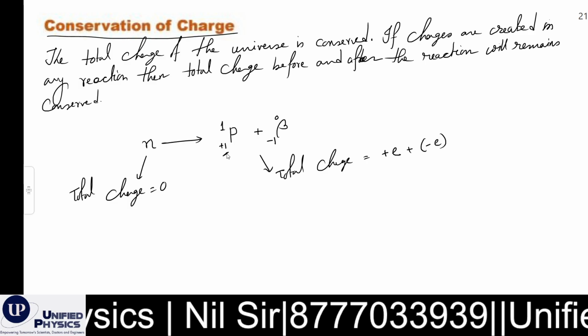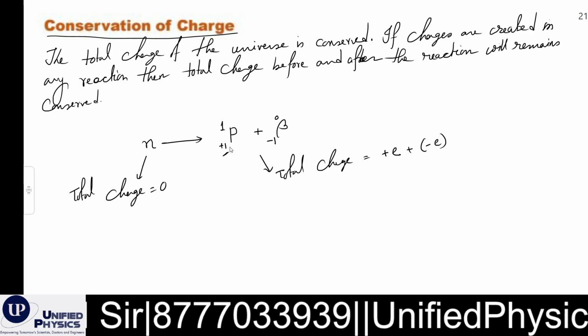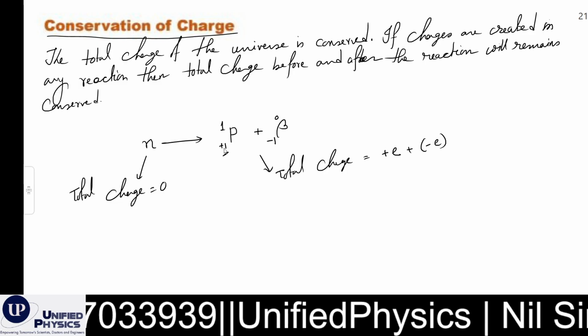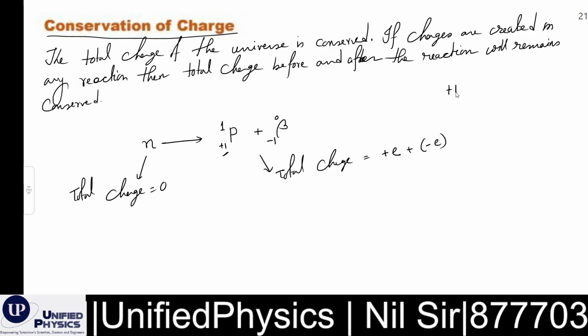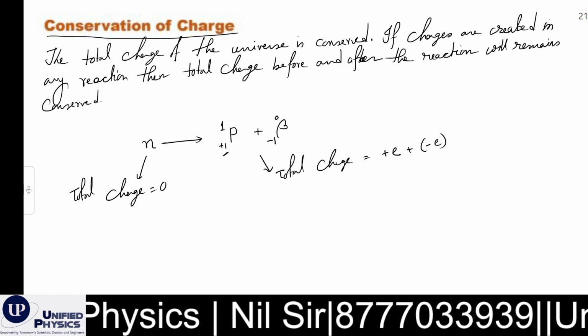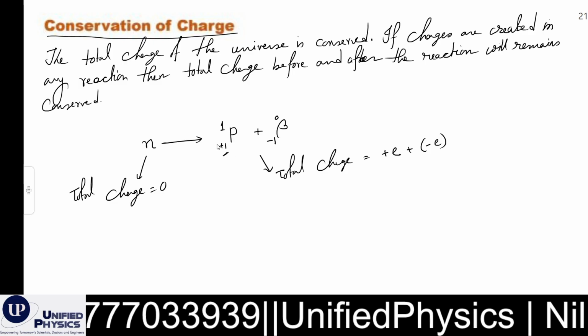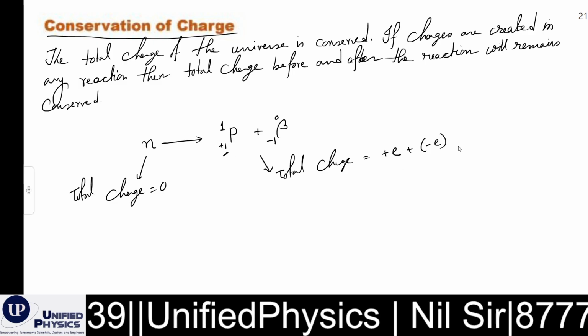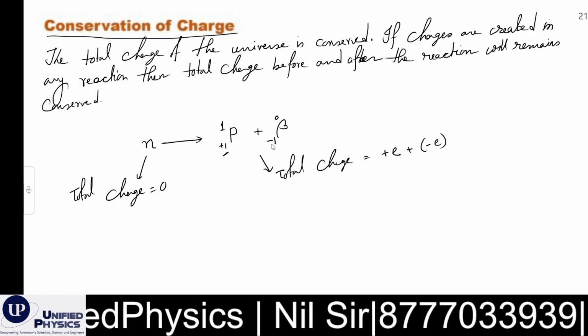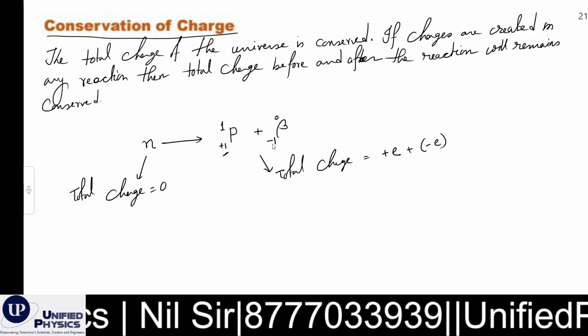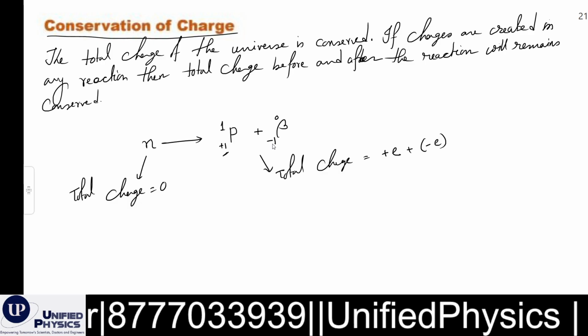So this is 1 unit charge. This +1 means 1 unit charge, that means 1 positive charge, that means 1.6 into 10 to the power minus 19 coulomb.